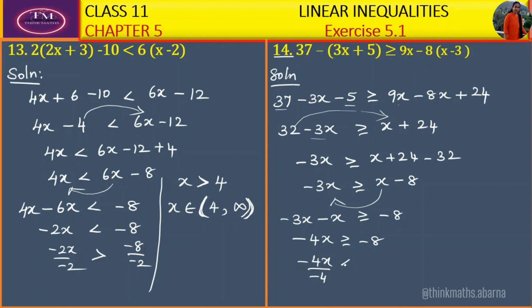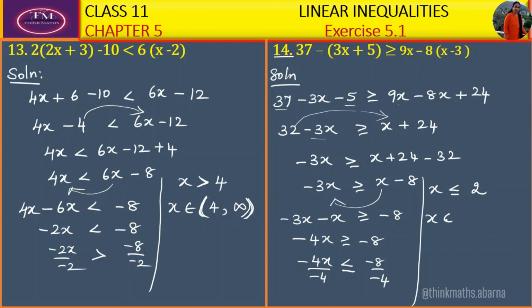As we are dividing by minus 4, we will get less than or equal to. So minus 4 gets cancelled. x less than or equal to minus 8 divided by minus 4 is 2. So x is less than or equal to 2.